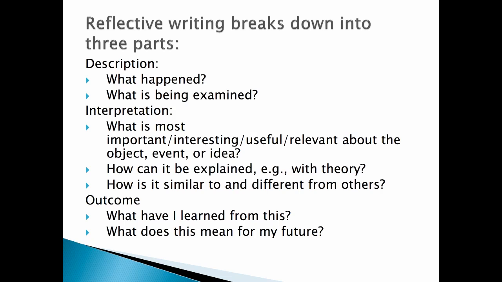Perhaps there's a theory behind why it happened, which you can explain, but we're just looking at it as objectively as possible. And how is it similar to and different from other experiences, or other ideas, or other objects? Finally, the outcome. This is the result of the reflection. What have I learned from this? And what does this mean for my future?